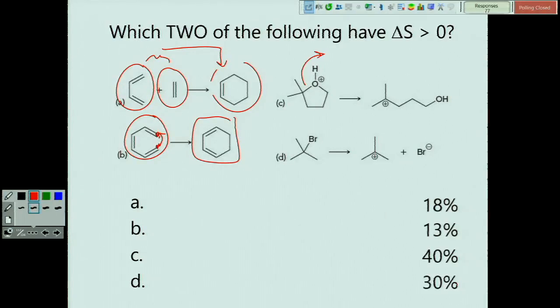You have a ring that opens up when this bond breaks. So that comes with greater freedom of motion of the atoms in the structure. And then in the case of D, you have one reactant that ultimately breaks apart into 2 pieces as this bond breaks. That comes with a positive entropy. So these two are associated with positive entropy. Okay? All right.